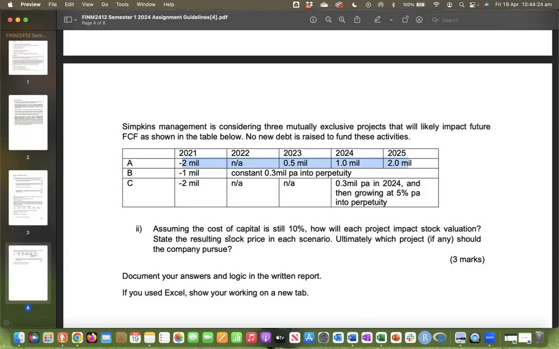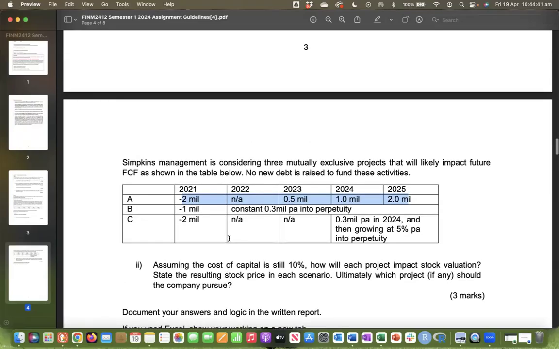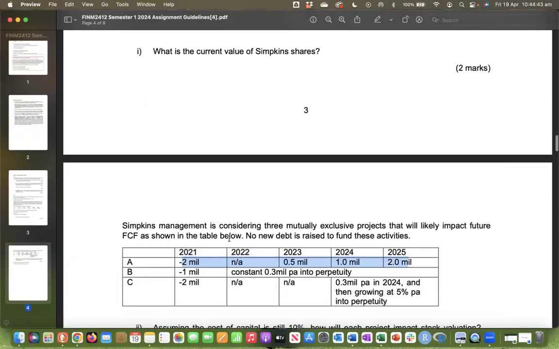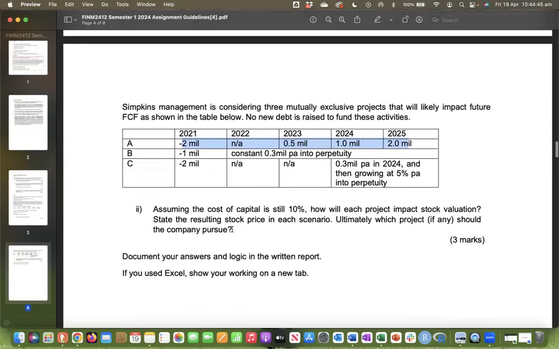So I encourage you, when you're modeling this out in your Excel spreadsheet, to have 3 separate sections for project A, project B, project C. Keep them all separate, and you'll be able to see for each one how they are impacting the stock valuation and the resulting stock price compared to the question above. And from that, you'll be able to conclude which project, if any, should the company pursue.